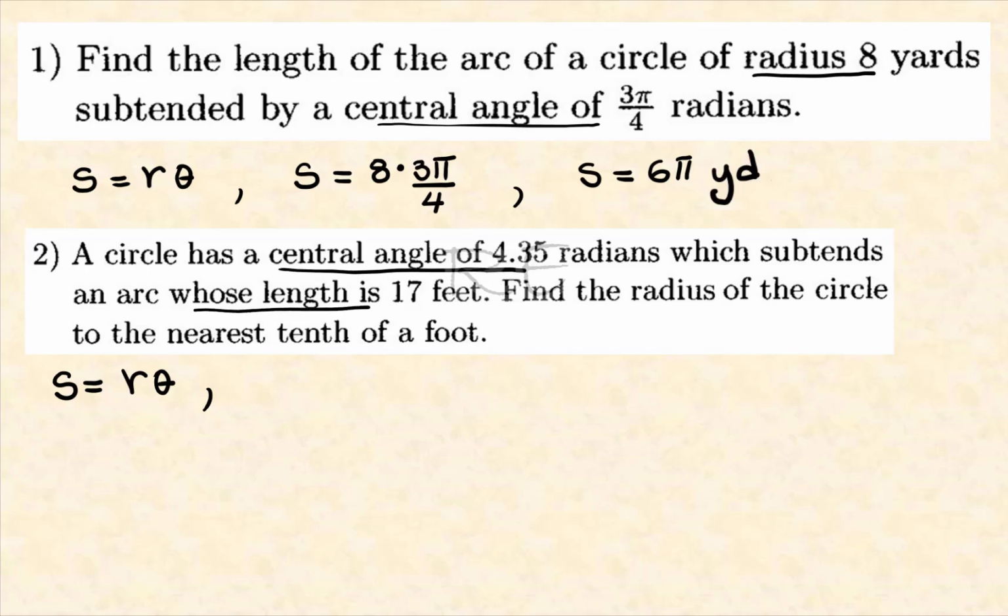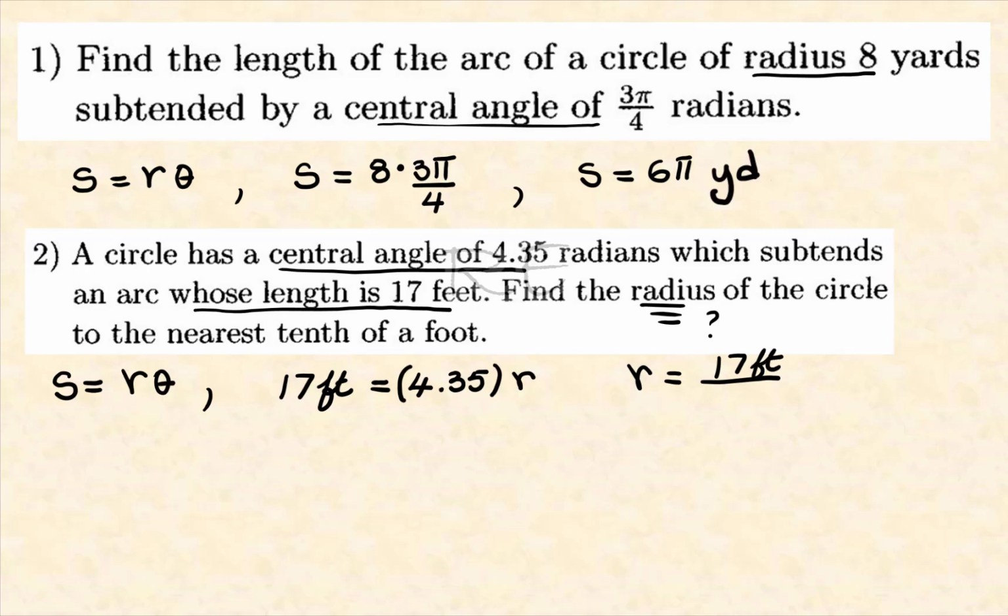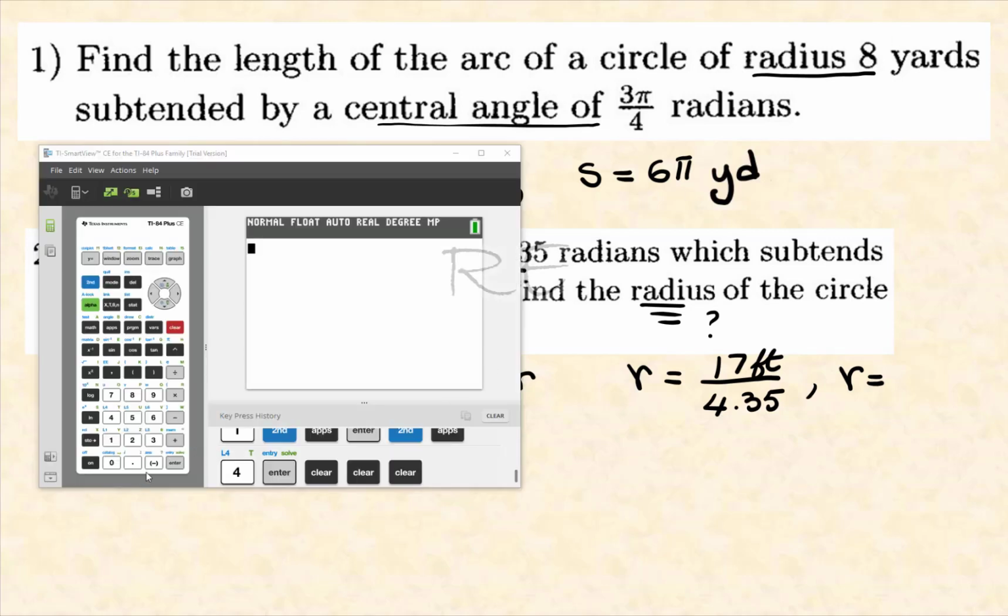First, S, 17 feet, is equal to R, which we're looking for, multiplied by the central angle, 4.35, so 4.35 R. So R will be 17 divided by 4.35. We divide both sides by 4.35 and we'll just do it with a calculator and round it to the nearest tenth foot.